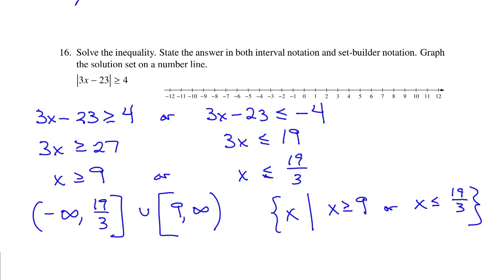And on the number line, 19/3 is just a little bit over 6. So it would be right here. And we would shade in all of this going backwards, because x is less than or equal to that. And x is greater than or equal to 9 right there. And we shade in all that.